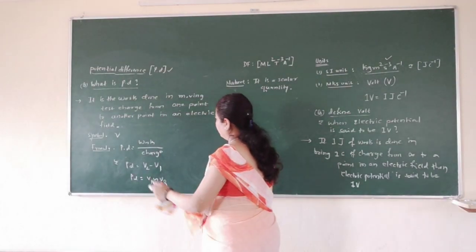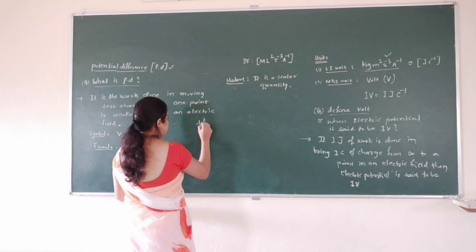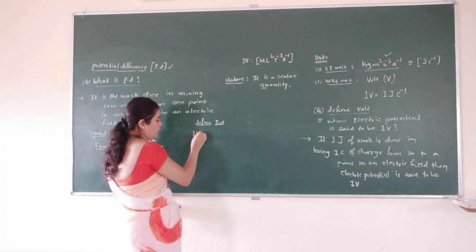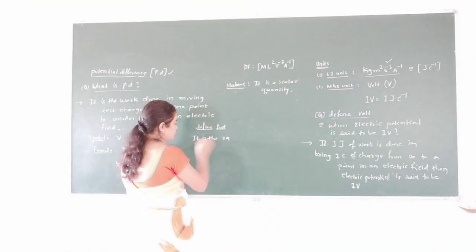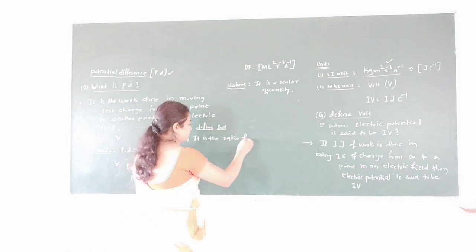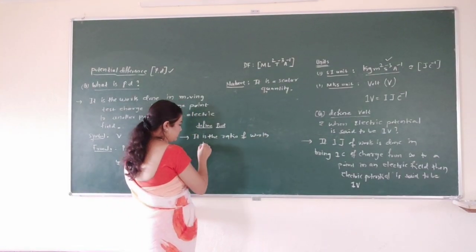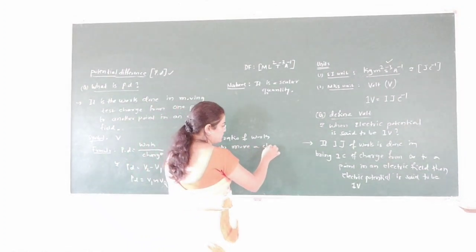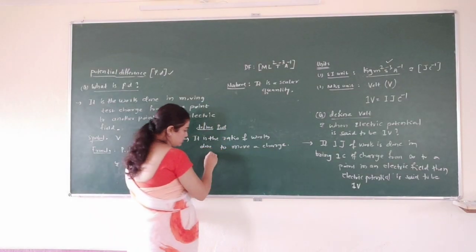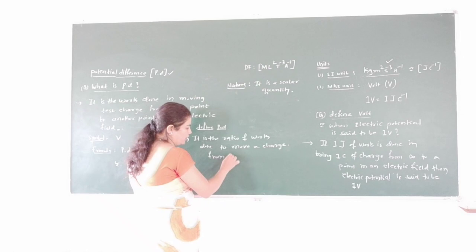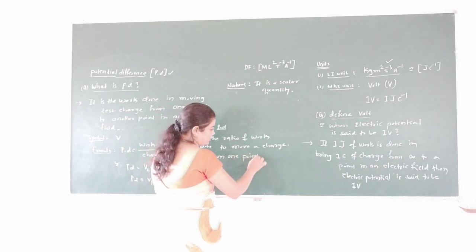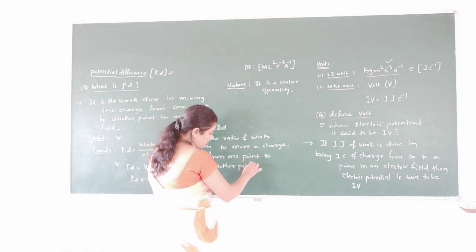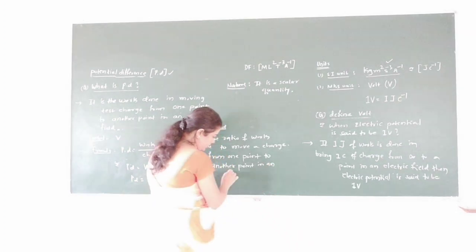Next question. Define potential difference. It is the ratio of work done to move a charge from one point to another point in an electric field.